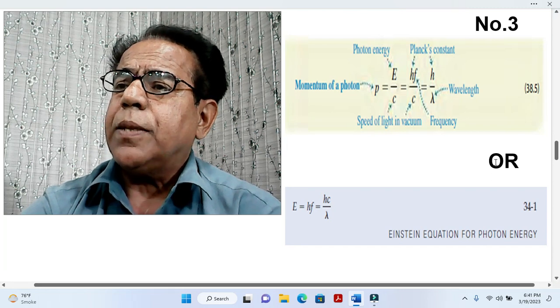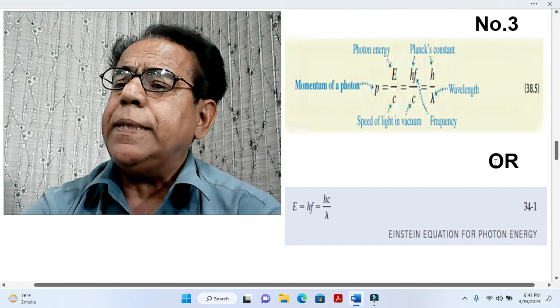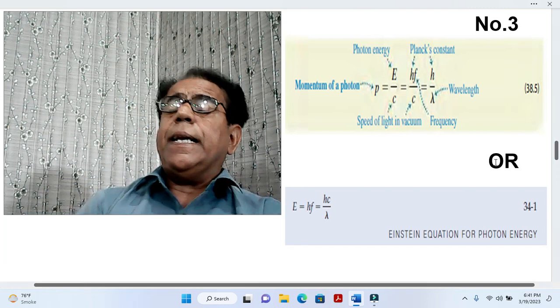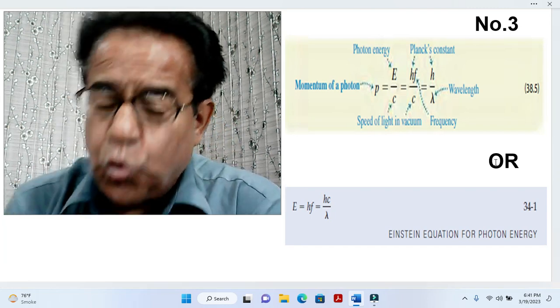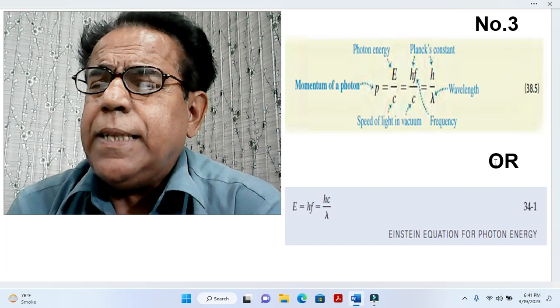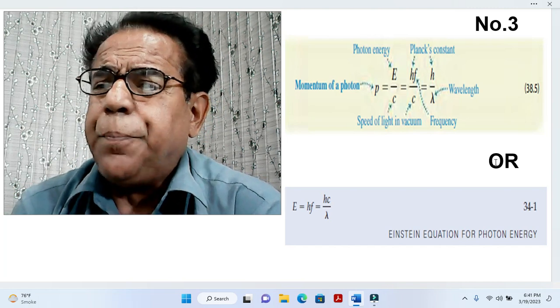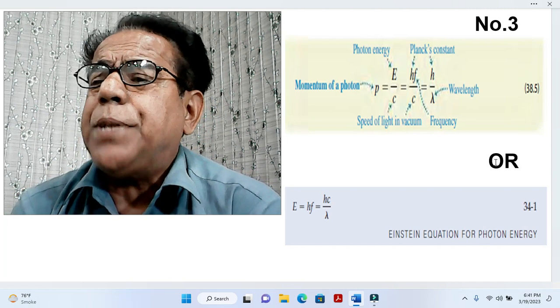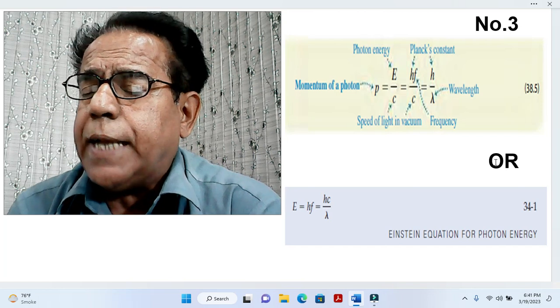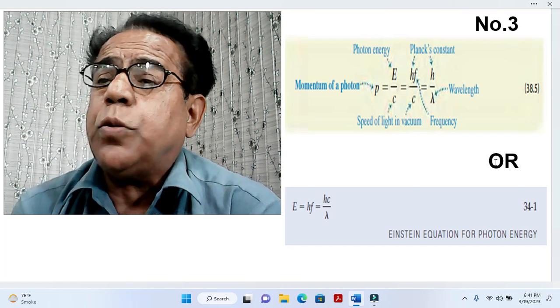Tool number 3 has been once again shown or introduced in a slightly different mode. This snapshot has been taken from some other book.